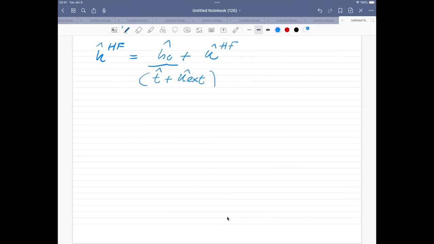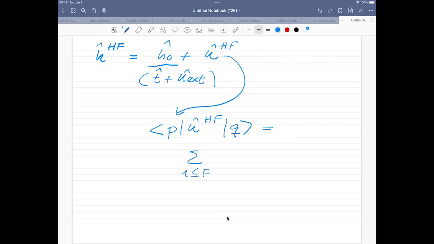It could be a harmonic oscillator, for instance. And this quantity U Hartree-Fock is going to be given by, if I write it out as an integral, <p|U Hartree-Fock|q>, this last term, the sum over i less than F of <pi|v|qi>. And p and q can be states above or below the Fermi level.